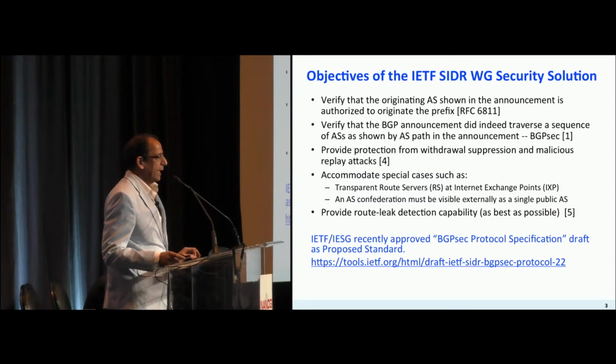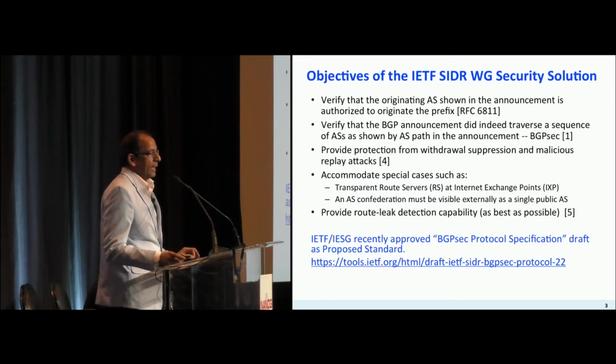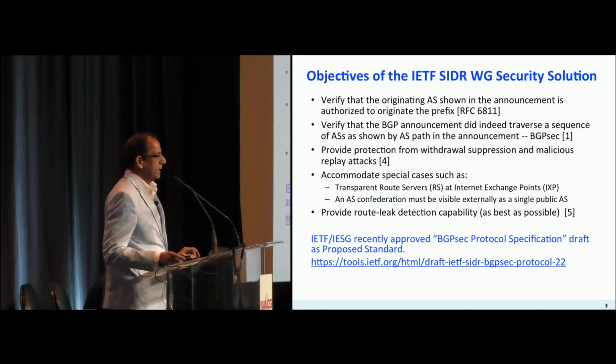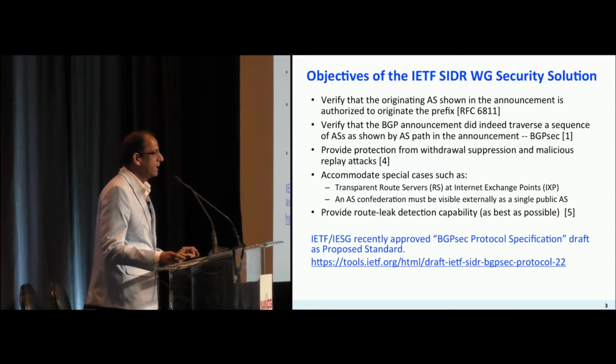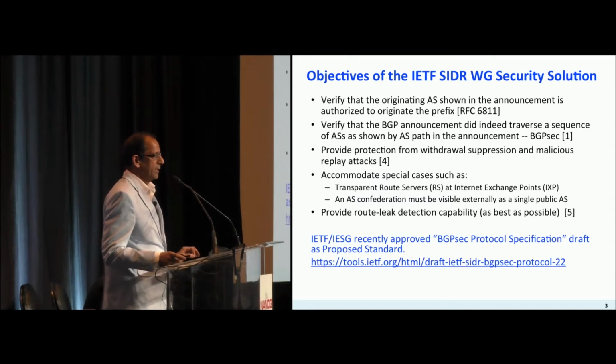And together with that, RFC 7115 provides best common practices for origin validation. And then we have the BGPsec draft, which has recently been approved by the IETF to become a proposed standard. So you will hopefully see the RFC come out in the next 2 or 3 months.